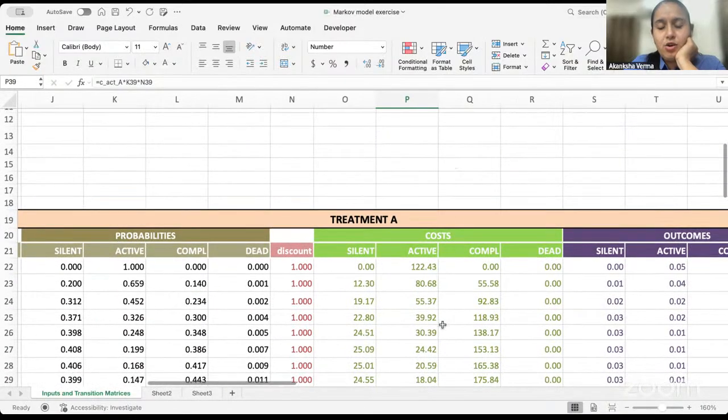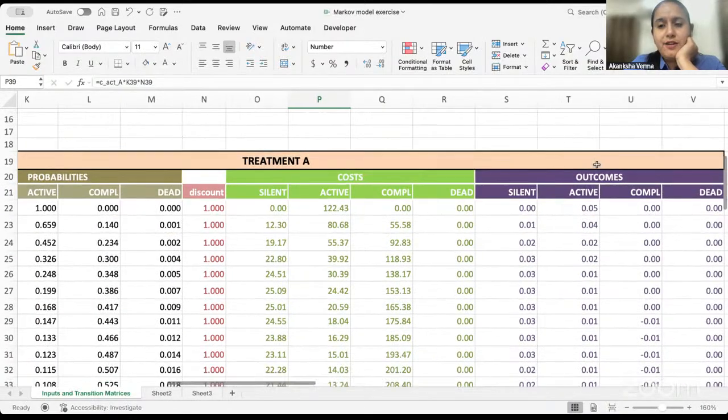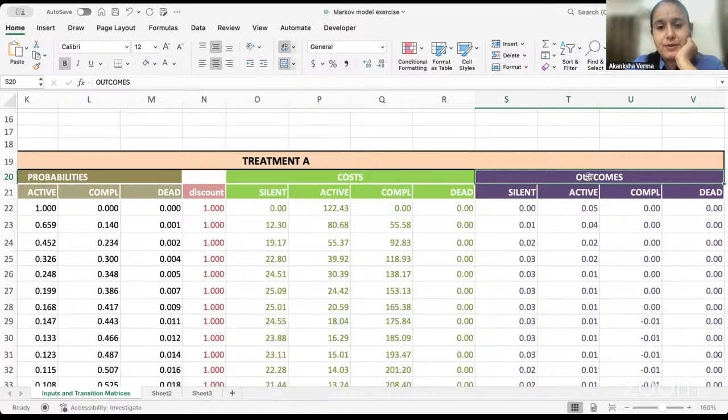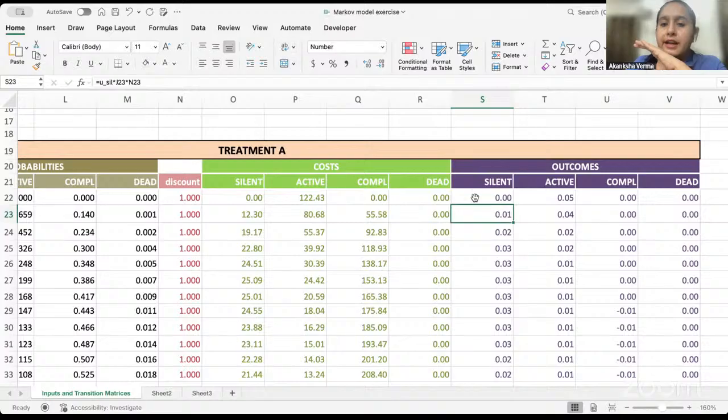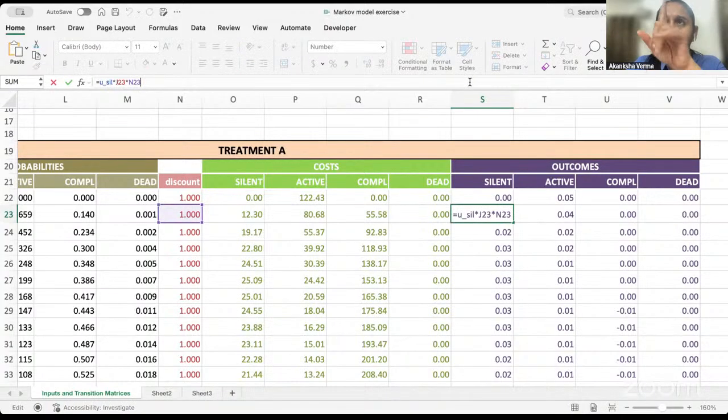Now, after cost, I've also given you all the outcomes. So now you also have to know how many qualities are applied for each health state in every cycle. Again, the formula would be the same: the number of patients in each health state multiplied by your utility value, your qualities.